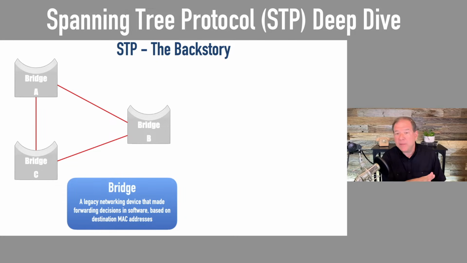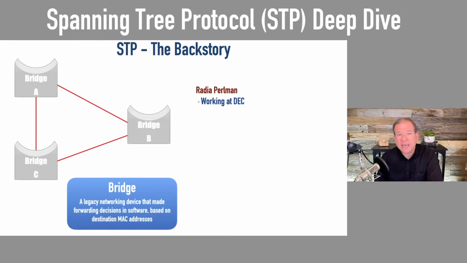But the reason I bring this up is we still use the term bridge when we're talking spanning tree protocol. We'll talk about the root bridge a lot, and we'll talk about bridge protocol data units. I want you to know why we're using that term bridge. It goes way back to the 1980s when Radia Perlman was working at Digital Equipment Corporation.